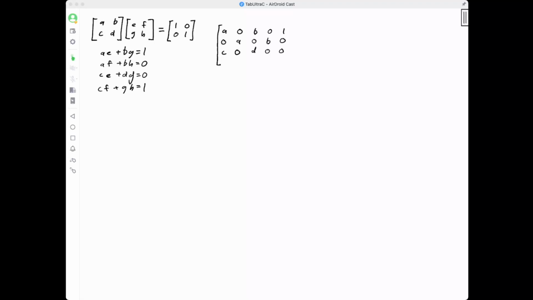And finally, 0 times E plus C times F plus 0 times G plus D times H has to equal 1. And it looks like I wrote a G when I meant to write a D over there.